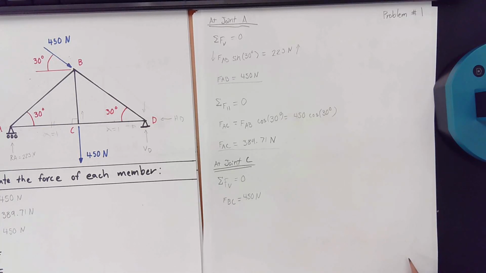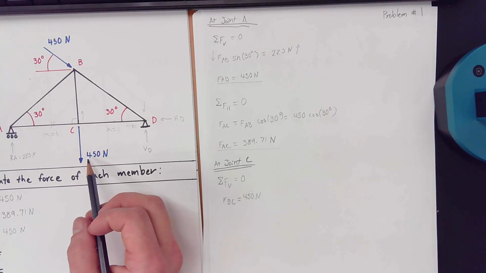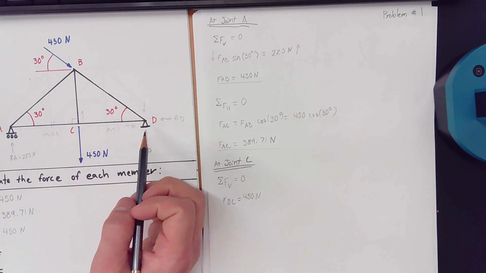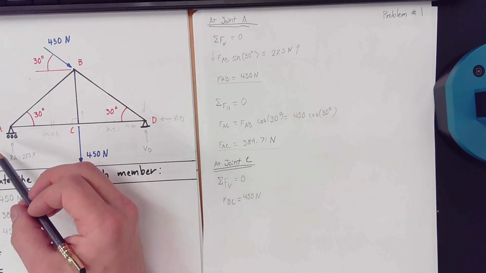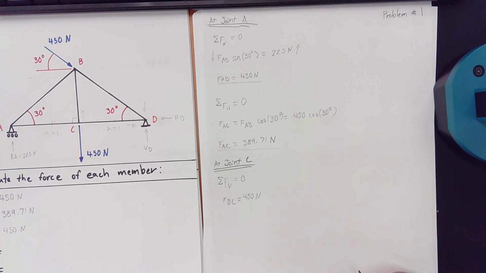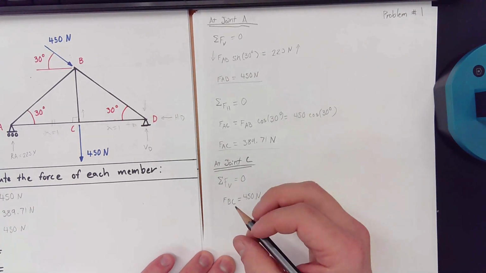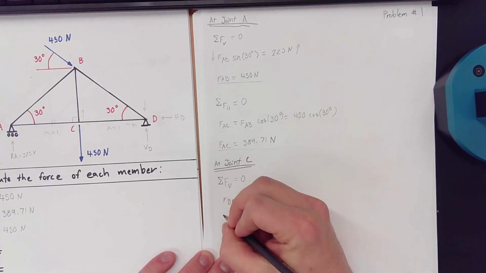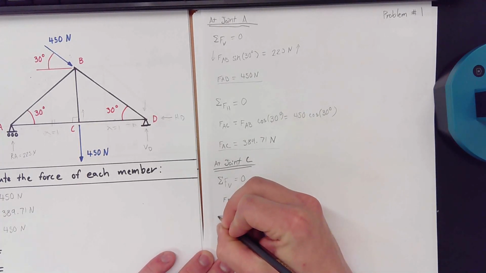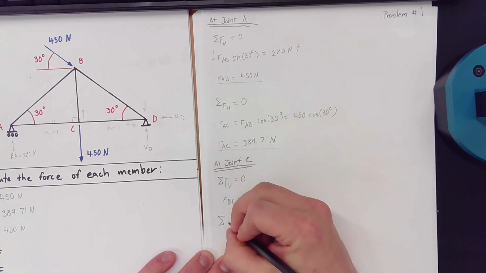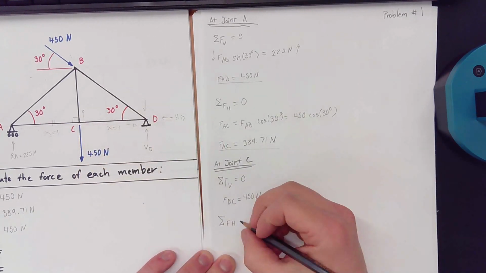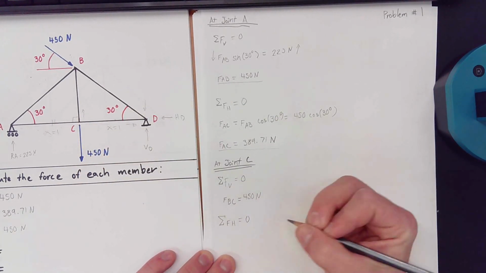Okay, and now we need to figure out CD right here. And what's crazy is that because we have the same amount of force acting in the middle, and we know that both of these are identical in length because these angles are the same, this becomes quite easy to solve. We know that the sum, capital sigma, of the forces horizontally acting on this node must equal 0.